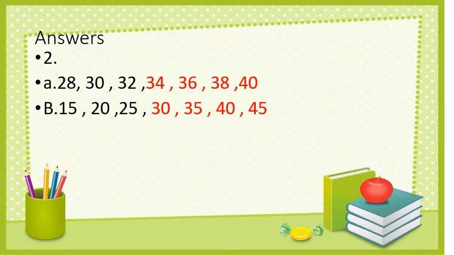You will see that on each step the number is increasing by 2. So the next four numbers will be 34, then 36, then 38 and 40.